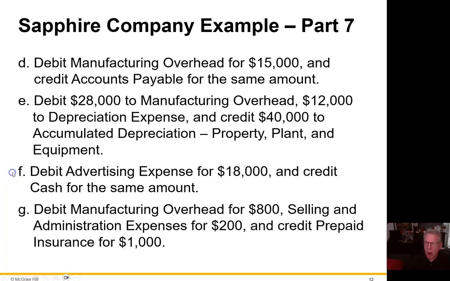Now, for Foxtrot, we're going to debit advertising expense for $18,000 and credit cash for the same amount. Easy journal entry there. For Golf, we'll debit manufacturing overhead for $800, selling and administrative expenses for $200, and credit prepaid insurance for that full $1,000.